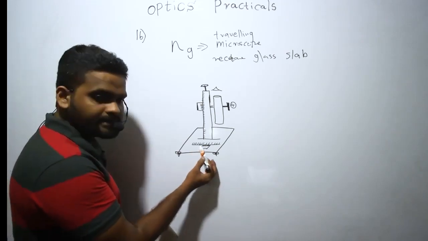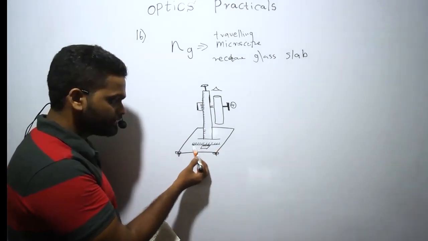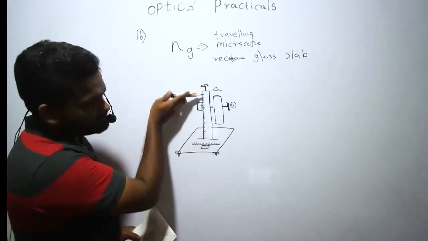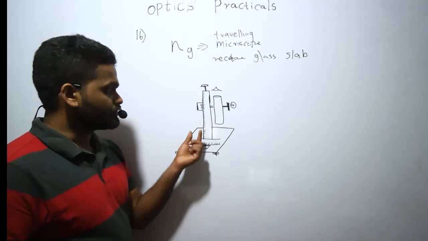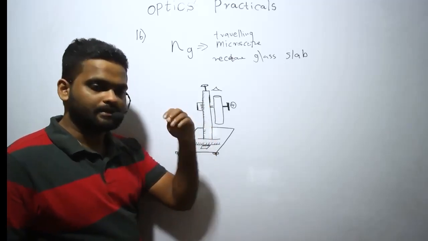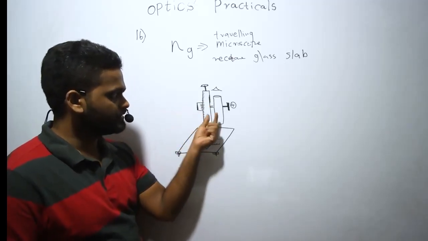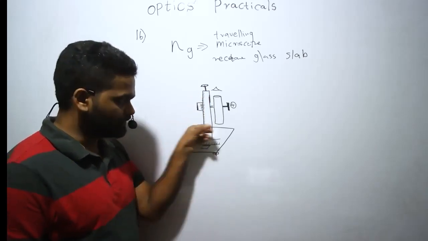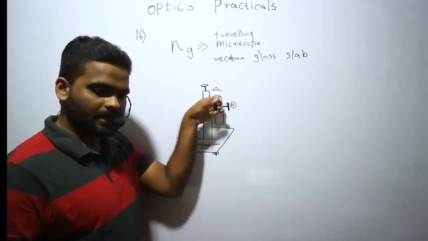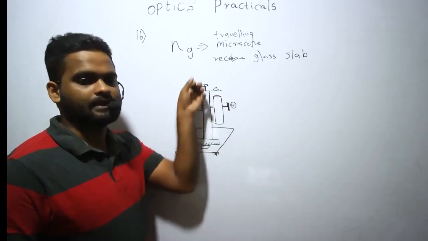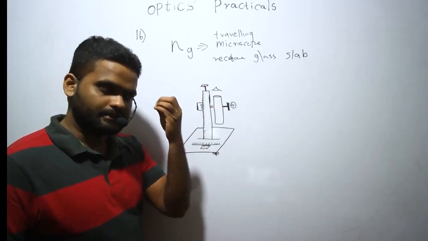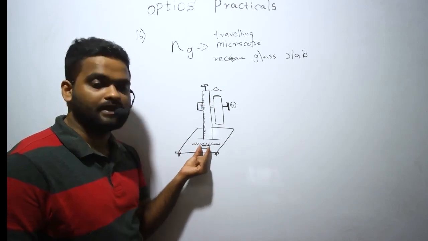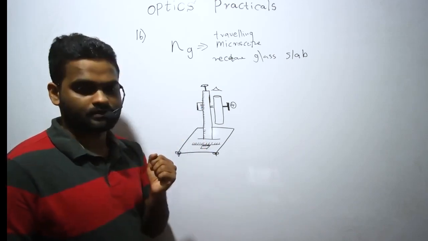This is the horizontal vernier scale, and this is the vertical vernier scale. From these scales, you can read how much the microscope has moved vertically and horizontally. You can move the microscope horizontally and vertically, and the distance you move, you can read from these vernier scales.